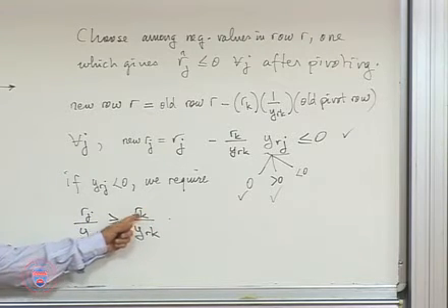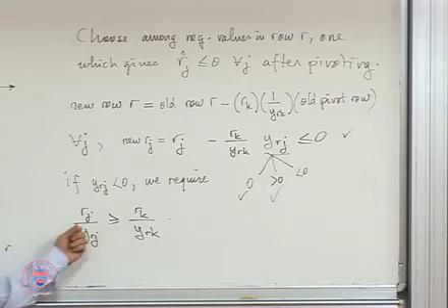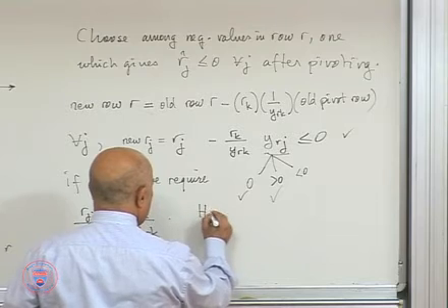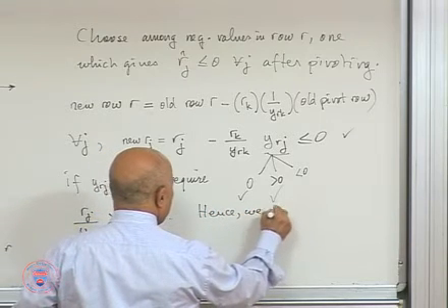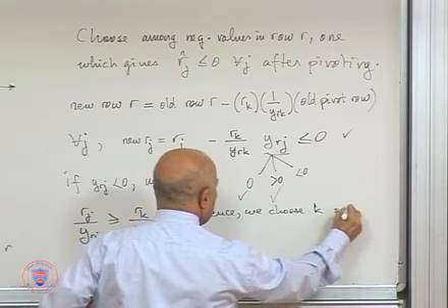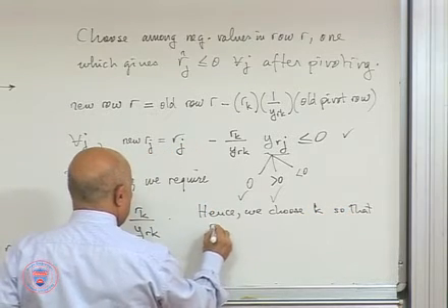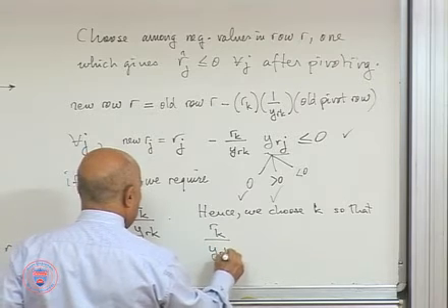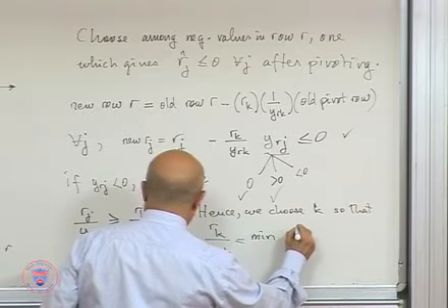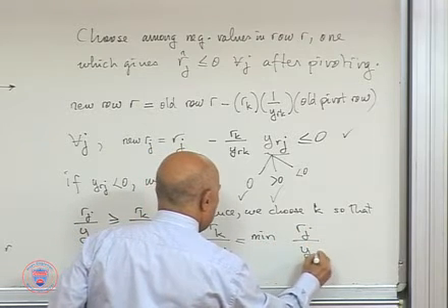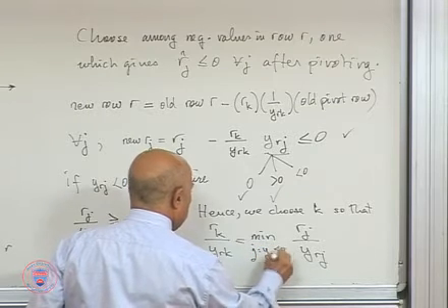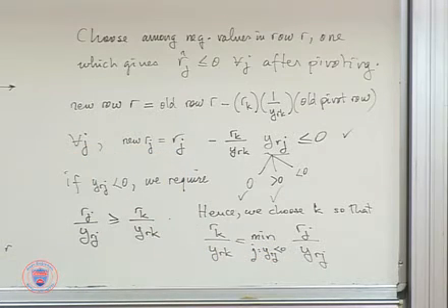So you want to pick your pivot element so that these inequalities are maintained or satisfied. Which means that, hence, we choose k so that the ratio of Rk to Yrk is the smallest of Rj over Yrj over those j such that Yrj is negative. Okay, that's the way you should choose.